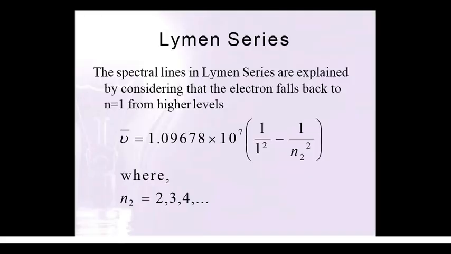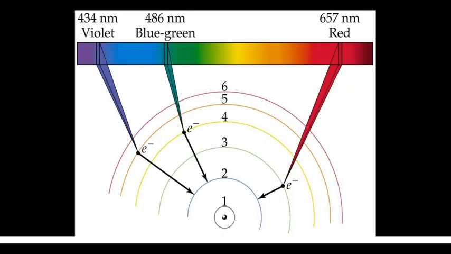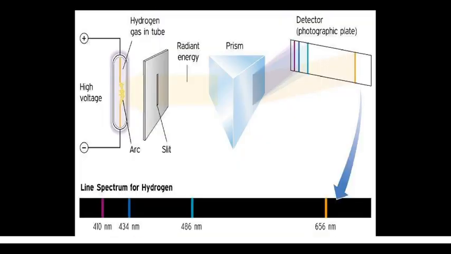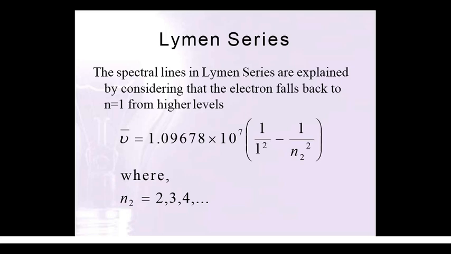Now we are going to study the series in the hydrogen spectrum. We already know that the hydrogen spectrum consists of several spectral lines, and we are going to study these spectral line series. The first spectral line series is the Lyman series. The spectral lines in the Lyman series are explained by considering that the electron falls back to n equal to 1 from higher levels.